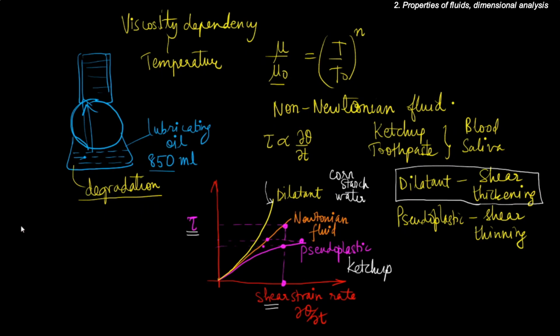An example of a pseudoplastic fluid is ketchup. As we shake the bottle of ketchup vigorously, the ketchup begins to flow from the bottle onto our plate. Unless we provide that shear strain, nothing happens.